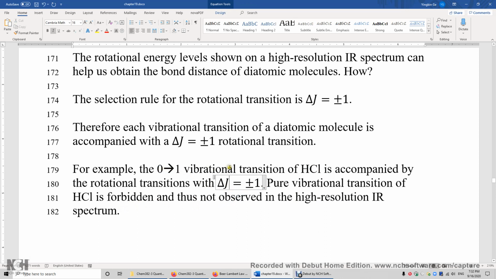The vibrational energy of HCl changes from 0.5 h nu to 1.5 h nu, so the energy change is 1 h nu. But at the same time, this HCl molecule must undergo a rotational transition. It can be excitation or de-excitation, so J may increase by 1 or decrease by 1, but J must change by 1.